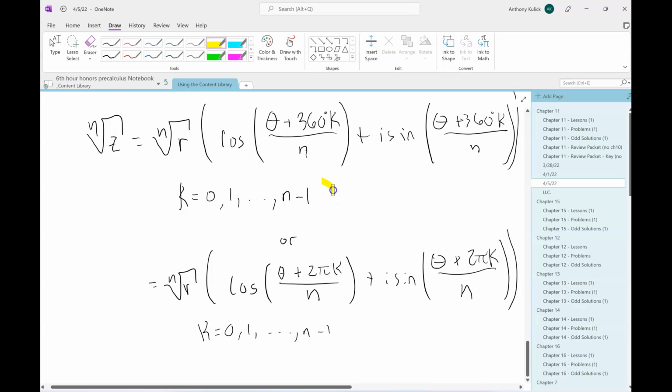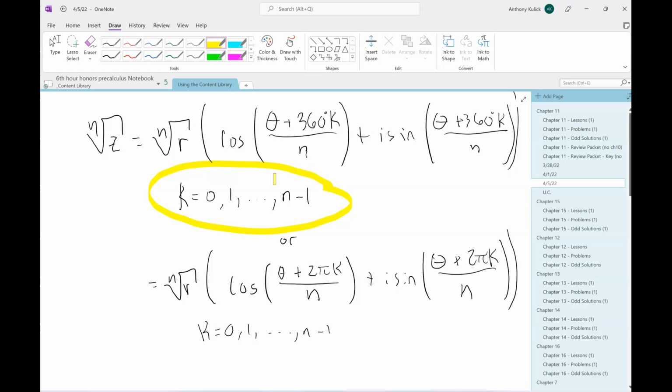So if we look at the possible values of k, what do you notice? How many values of k do we have? Not infinite, because it ends. We have n values, right? If I count from 0 to n minus 1, that's n numbers.